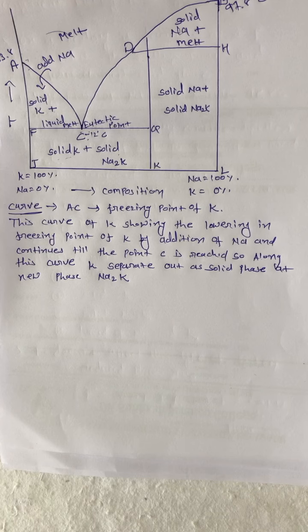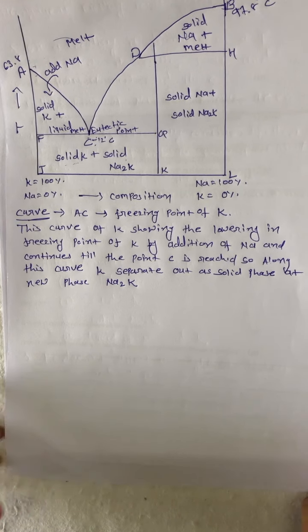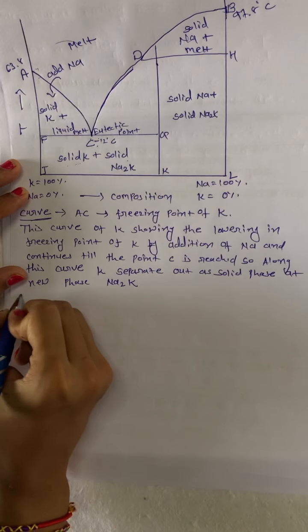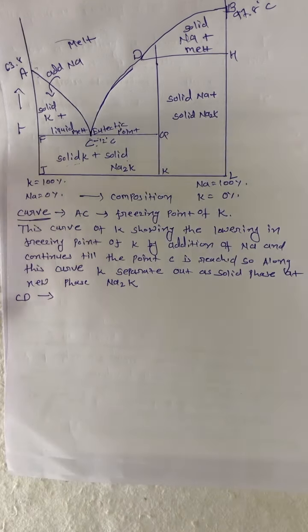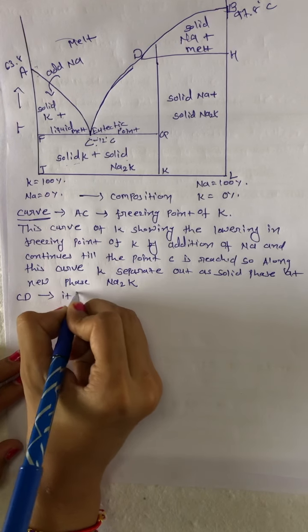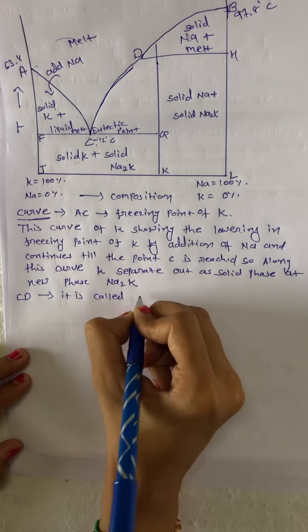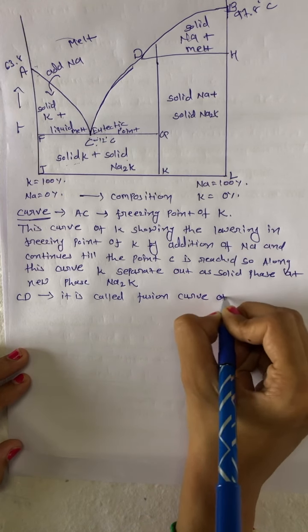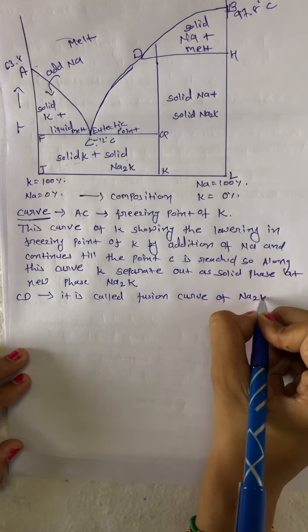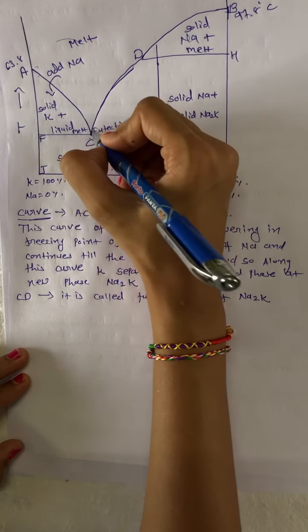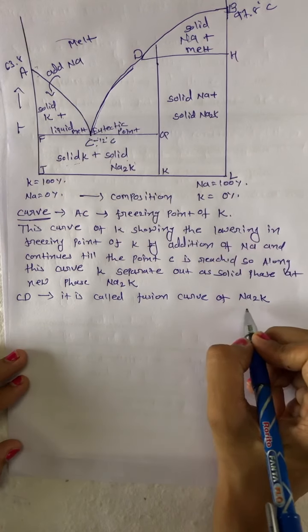Right? So now curve CD, this is called curve CD. It is known as the fusion curve of Na2K. Here at that point only Na2K can exist, and this is called the fusion curve of Na2K.